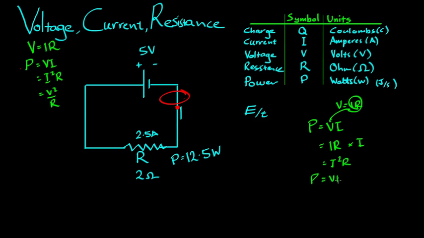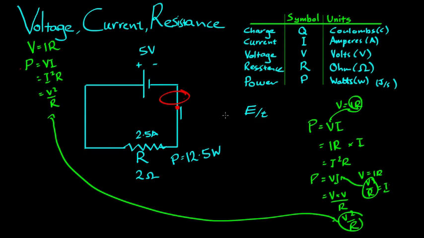Alternatively, P equals VI. If we get I by itself over here, so V on R equals I, I appears here, so we can sub these in where that I was. P equals V times V on R, or V squared on R. That explains that formula right there.